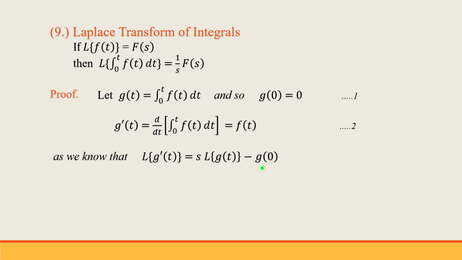Now, as g0 is 0, Laplace transform of g dash t is equal to s into Laplace transform of gt, or Laplace transform of gt, we can write it as 1 by s into Laplace transform of g dash t.